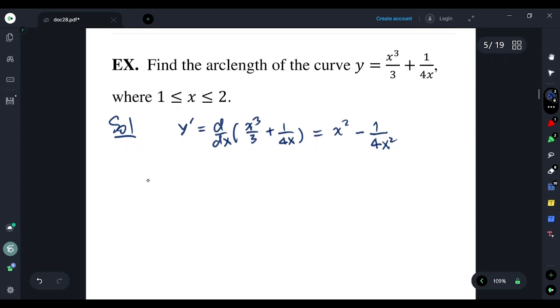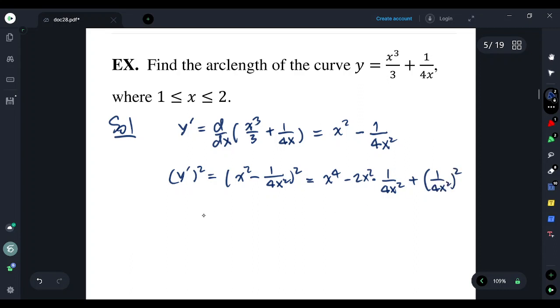Right? And then we calculate y prime squared. So that's x squared minus 1 over 4x squared, all squared, and this is x to the power 4 minus 2x squared times 1 over 4x squared, plus 1 over 4x squared, and it is equal to x to the power 4 minus 1 over 2, and then plus 1 over 4x squared.